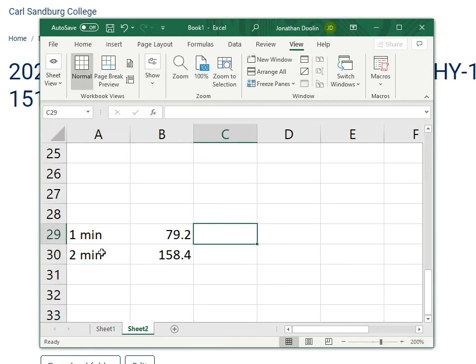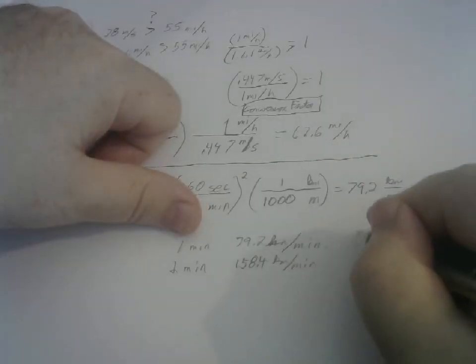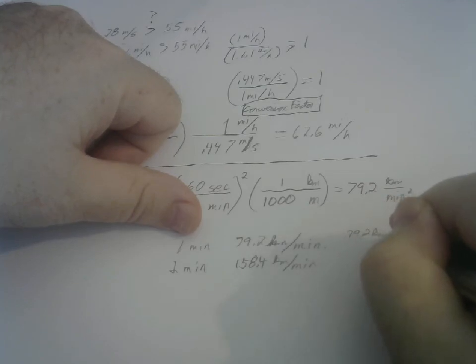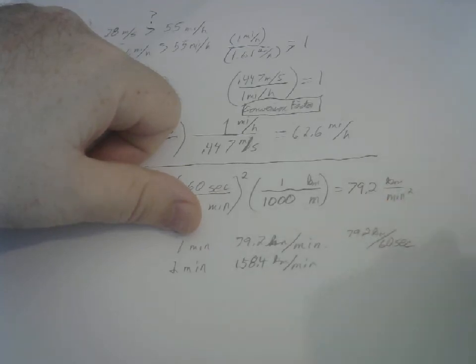How fast is that in meters per second? Let's just get an estimate for now. This would be 79.2 kilometers in 60 seconds. So it would be well above 1 kilometer per second.